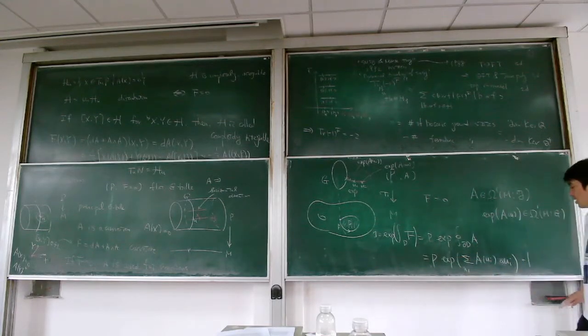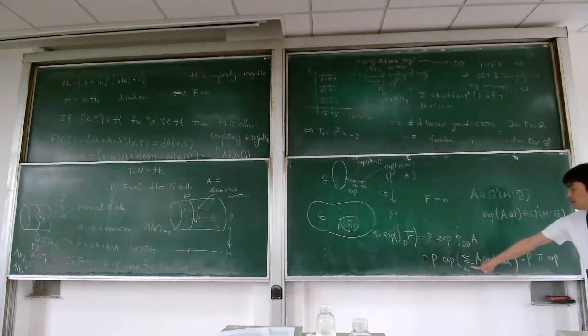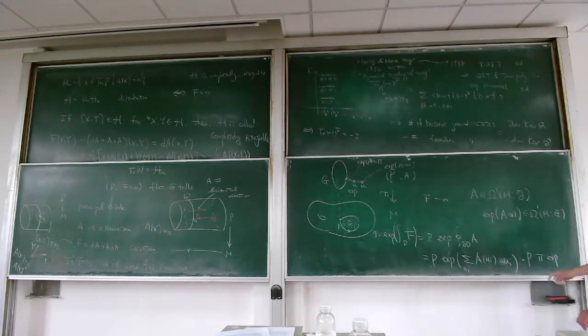This P is indeed a product. The sum becomes a product of exponentials: e to the a plus b is e to the a times e to the b, but if a and b are in the algebra, you cannot swap them.